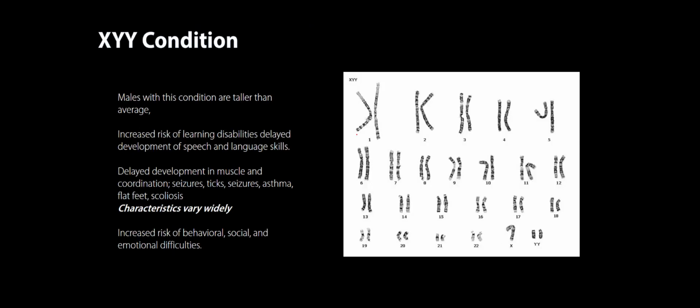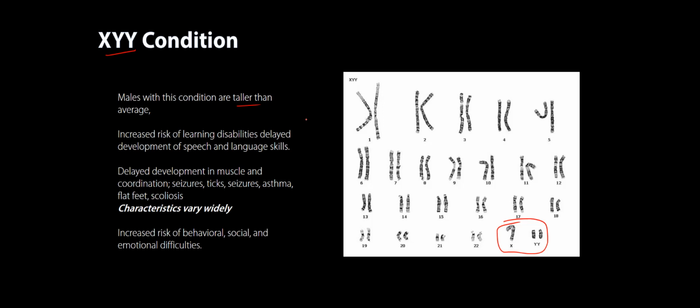Then there's the XYY condition. Sometimes this is called 47 XYY, to indicate the total number of chromosomes. You can see here there are 3 sex chromosomes instead of 2. Males that have this condition are sexually male because they have the Y chromosome, and they tend to be taller than average. Like the other syndromes, there's a diversity of severity and symptoms, but on average these people have an increased risk of learning disabilities with delayed development in speech and language.